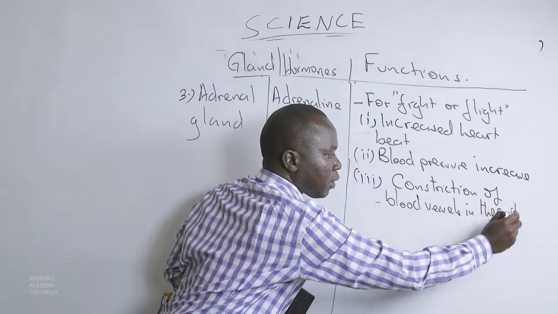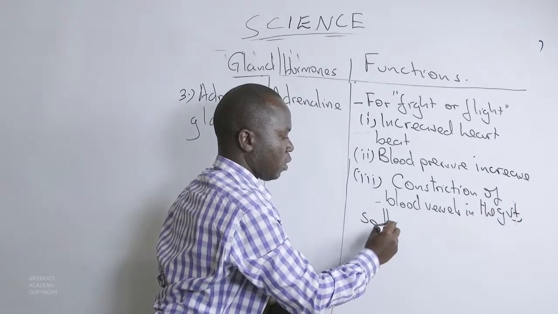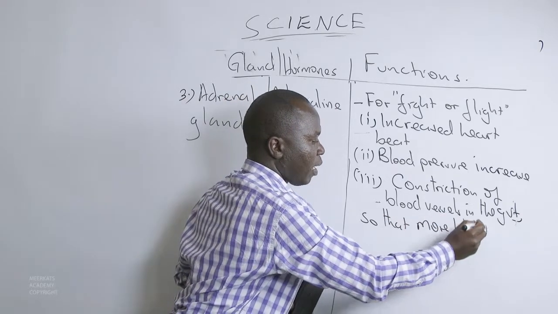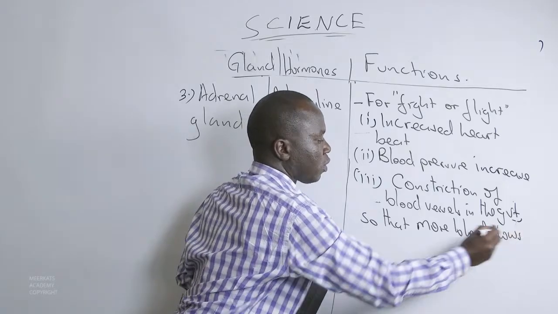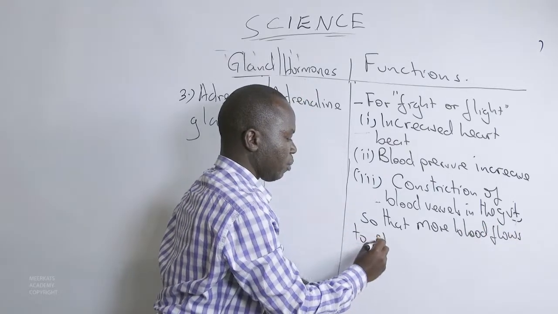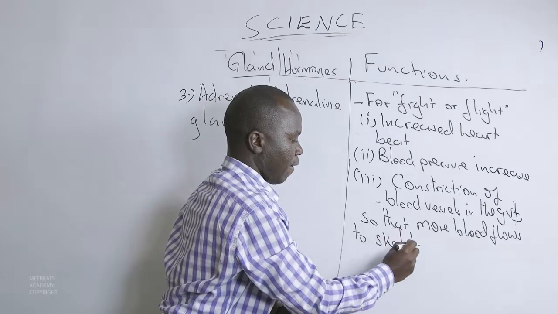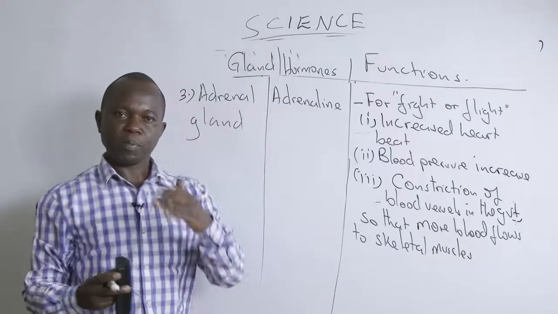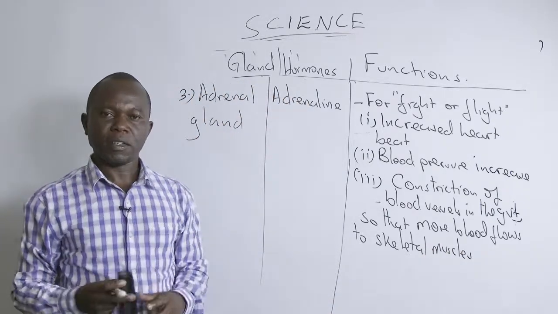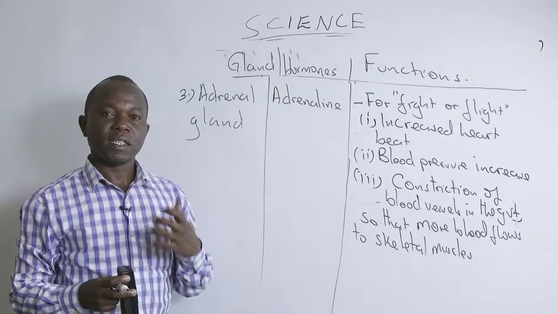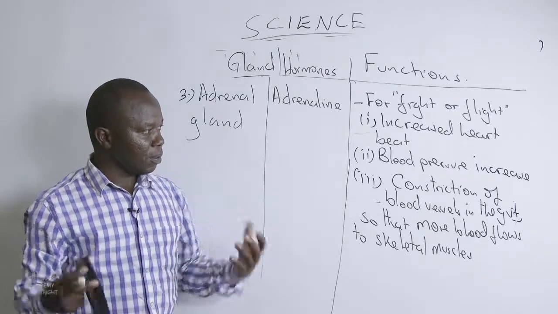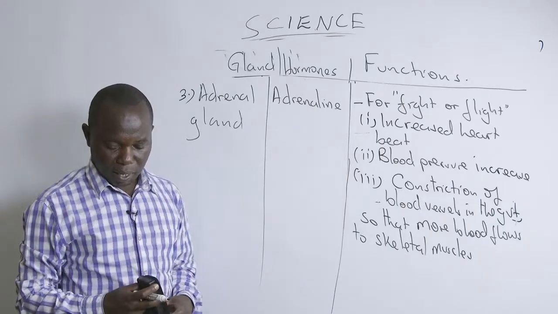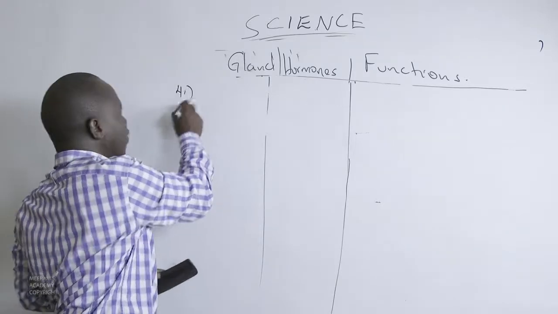So that more blood flows to skeletal muscles. Remember, for purpose of providing glucose and oxygen to increase the rate of respiration, so that now the body is ready to fight or to enable you run away. Number 4, pancreas.